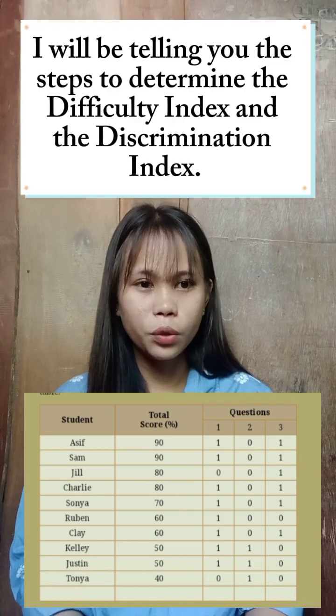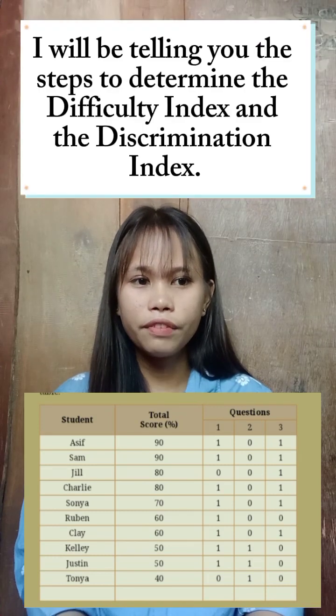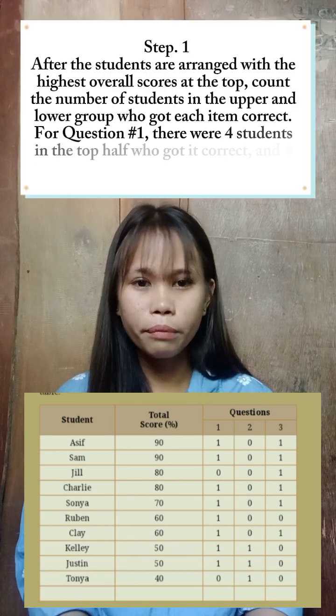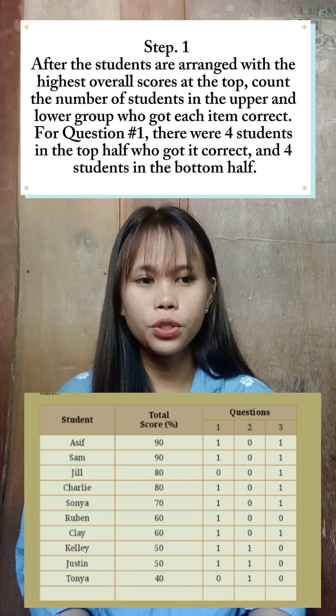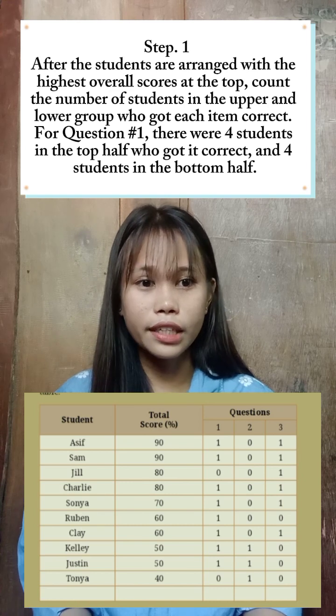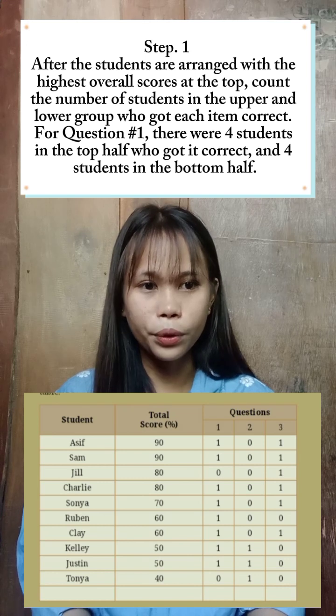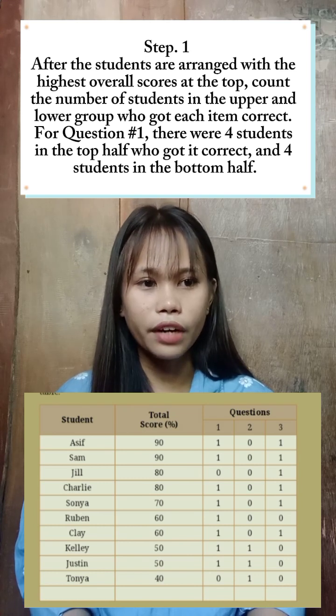I will be telling you the steps to determine the difficulty index and the discrimination index. Step number 1, after the students are arranged with the highest overall scores at the top, count the number of students in the upper and lower group who got each item correct.